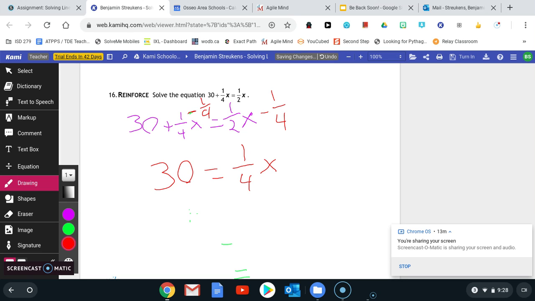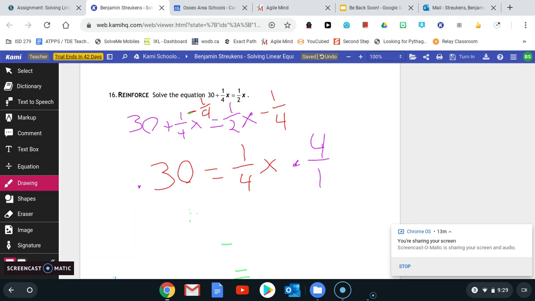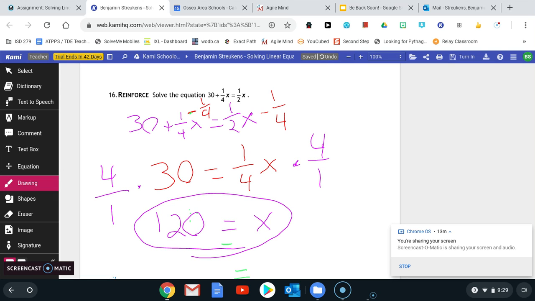Then I'm going to divide that. But when I divide that, I know I have to multiply by the reciprocal. So it's 4 over 1 times 4 over 1. So I'm going to get x equals 30 times 4, which is 120 over 1, which is the same thing as x equals 120.